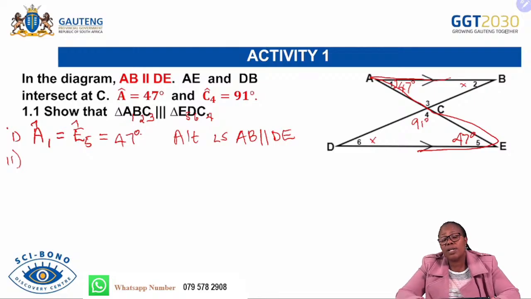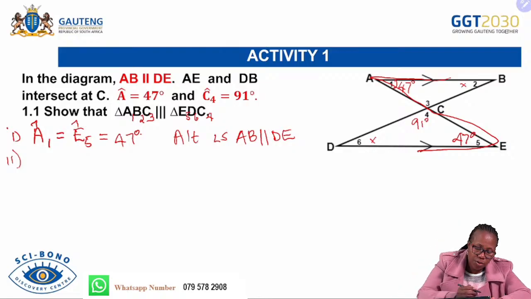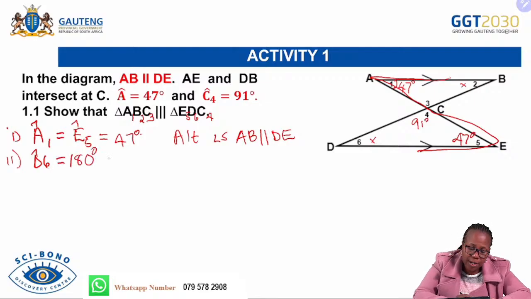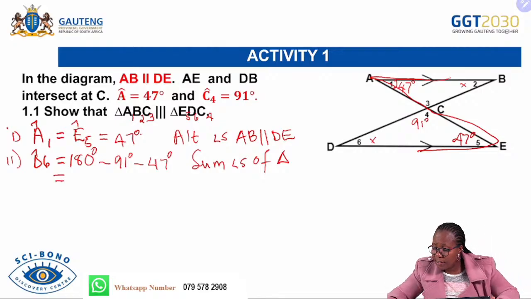Yes, we can calculate D6 because in triangle DCE we already have 91 and 47. So we can use the sum of angles of a triangle to find angle D. D6 is equal to 180 degrees, from sum of angles of a triangle, minus 91 degrees, minus the 47 degrees. Where does it come from? Sum of angles of a triangle. And then how much is D6 now?